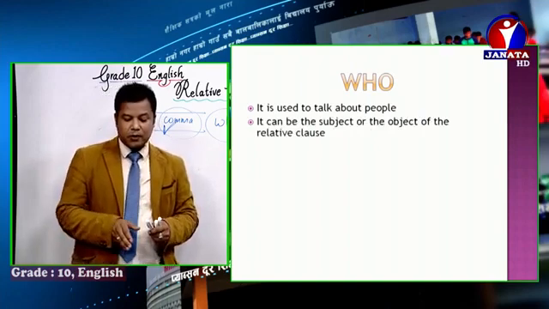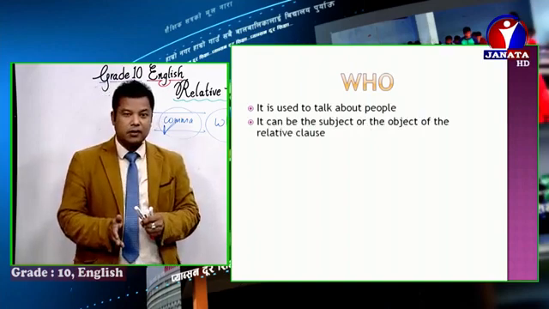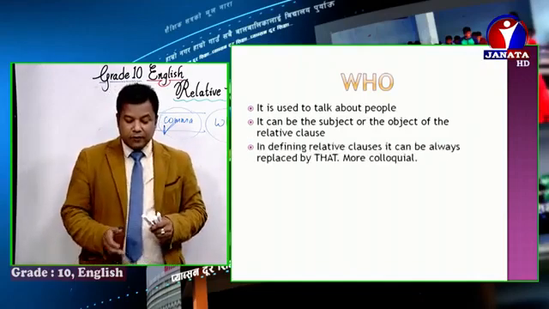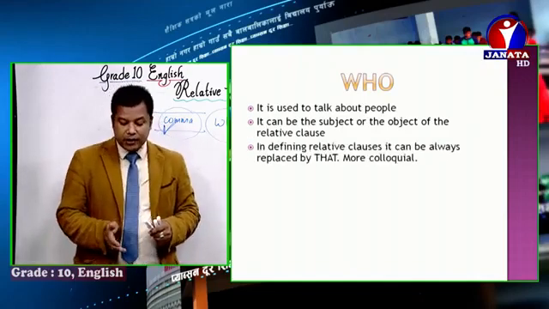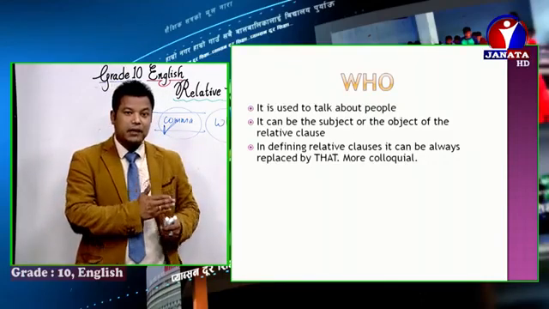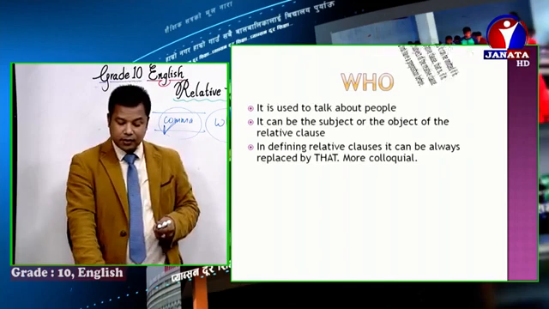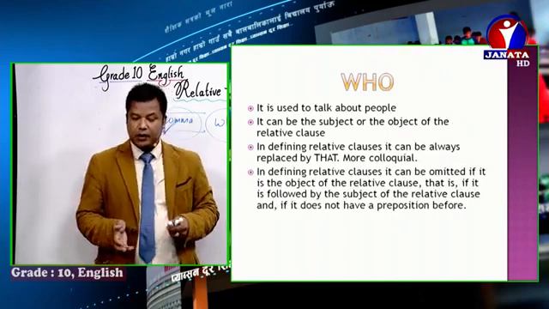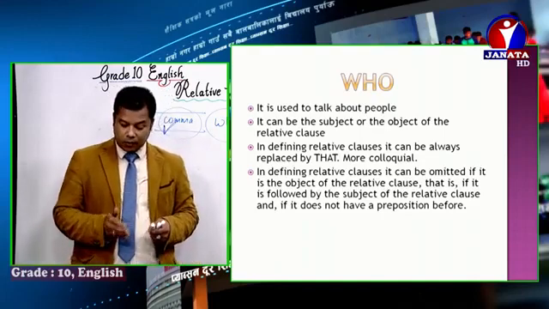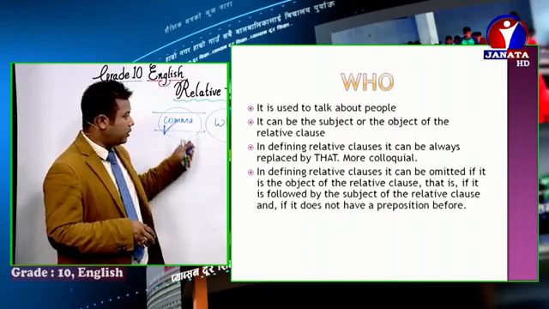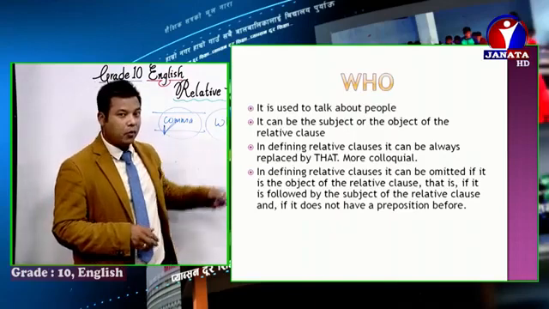It can be the subject or the object of the relative clause, like in the case of defining and non-defining. In a defining relative clause, it can always be replaced by that, which is more colloquial, and we explain that with some examples. In defining relative clauses, it can be omitted if it is the object of the relative clause, and this is what I even explained by drawing these things on the board.